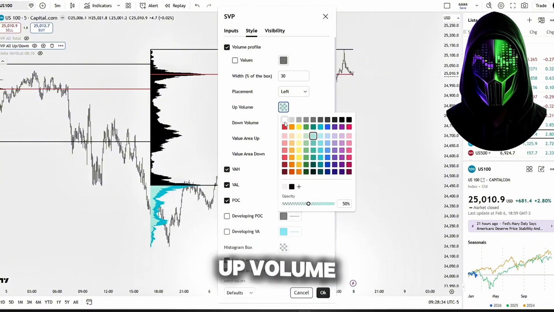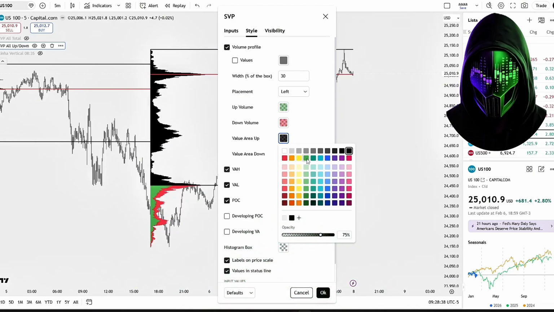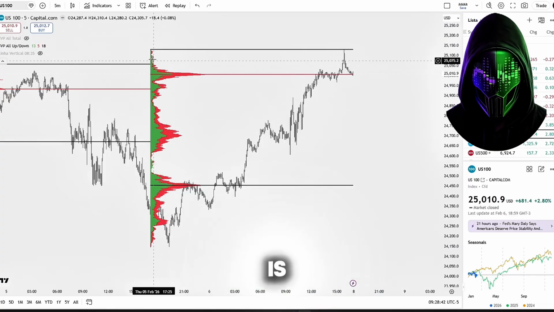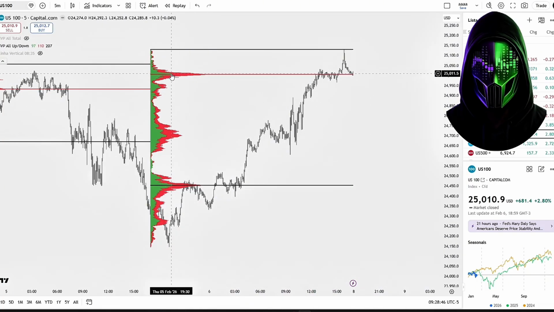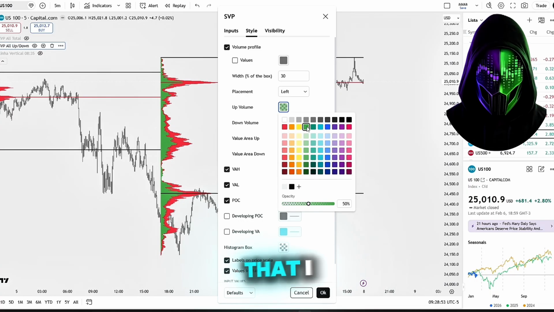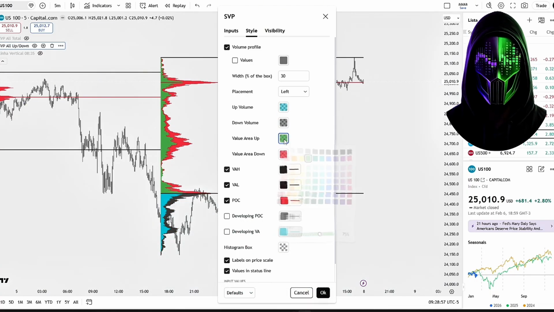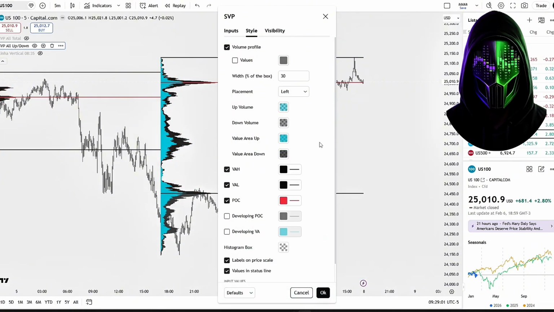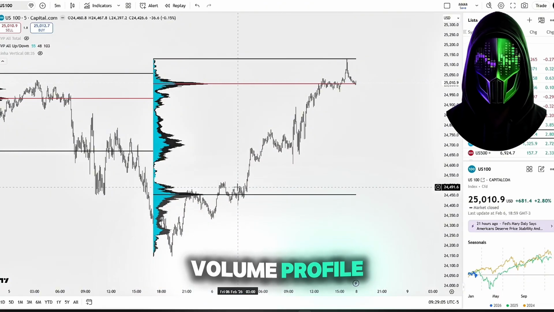Up volume you can put green, down volume red, and you see the buyers and the selling volume right here. I will not leave this color because it is terrible. I'll leave at least blue and black. So here you have your volume profile.